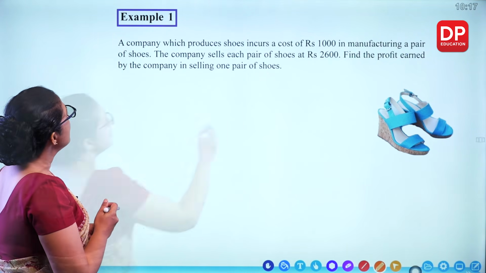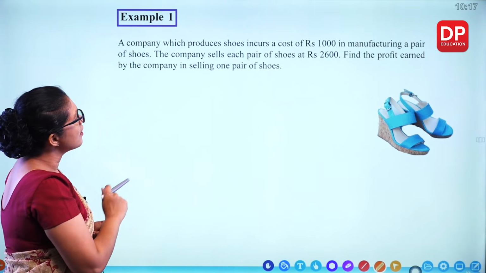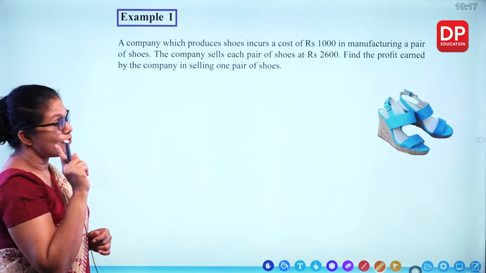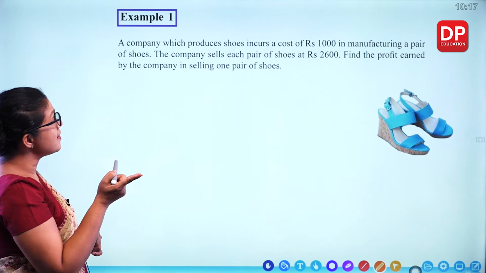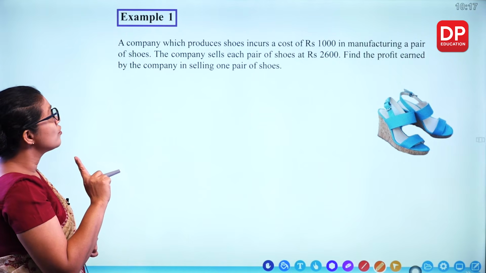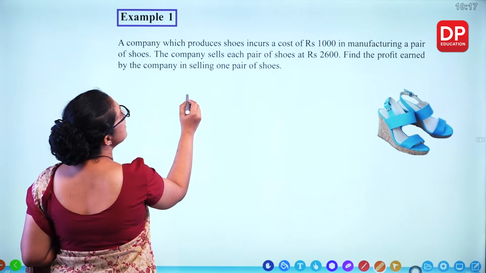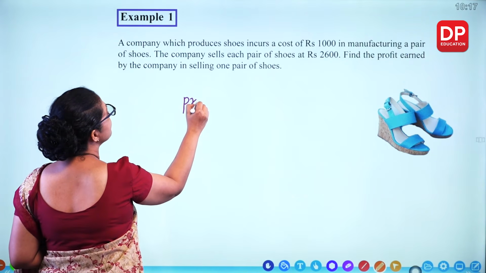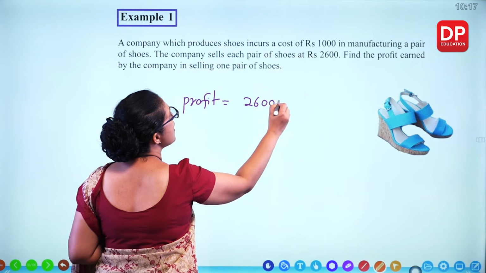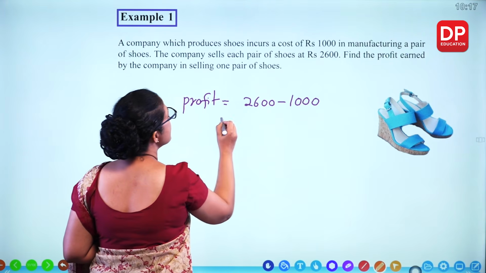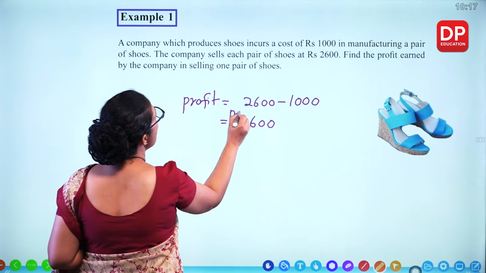So one pair is 1,000 rupees and the selling price is 2,600. So the selling price is more than the buying price. So what's the profit? 2,600 selling price minus buying price, that's 1,600 rupees is the profit.